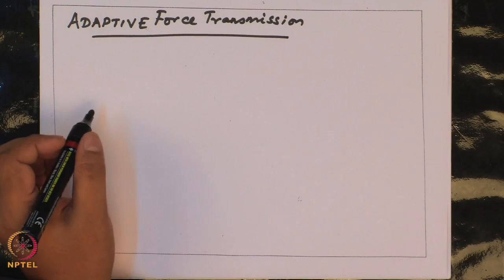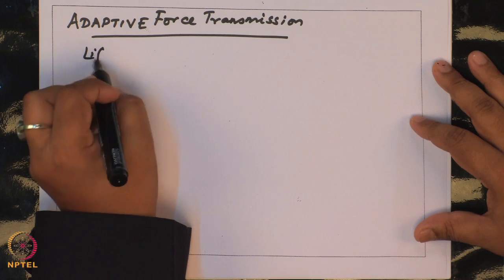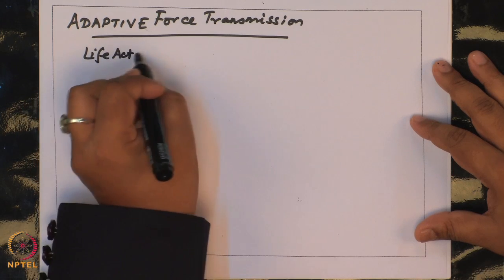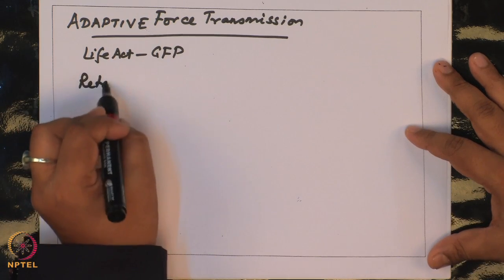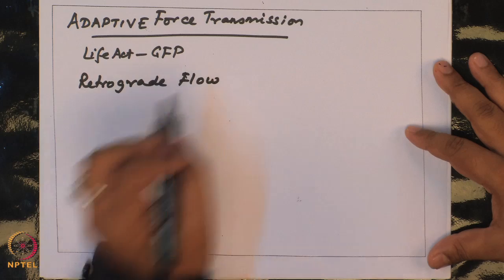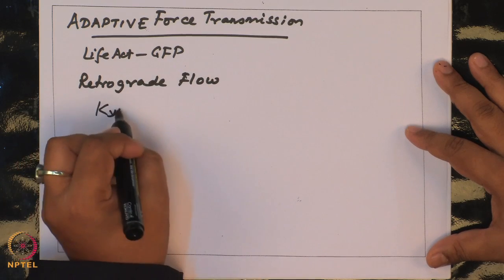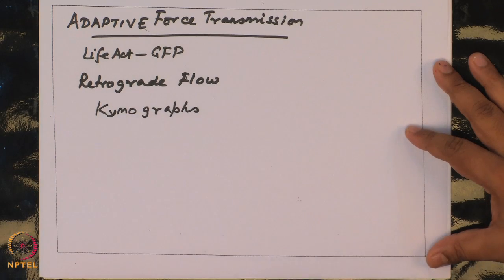So, what the authors had done was transfect dendritic cells with GFP LifeAct, and monitor the retrograde flow using kymographs. So, once again, what is a kymograph?